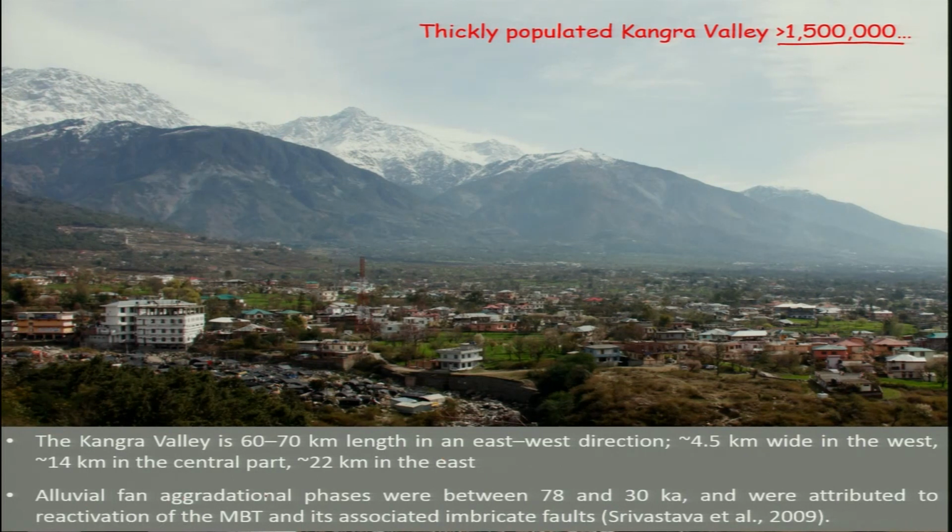And alluvial fan aggradation phases were between 78 and 30 Ka, and this work was done by Pradeep Srivastava and his team. They attributed these aggradational phases, these two time zones, to the reactivation of the MBT and its associated imbricated faults.